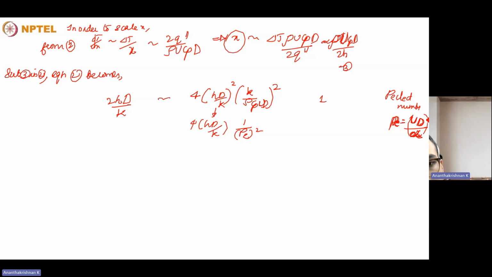So once the value of the Peclet number is quite high, we can assume that convection dominates over the conduction, and we can neglect the conduction. So that's what it says.